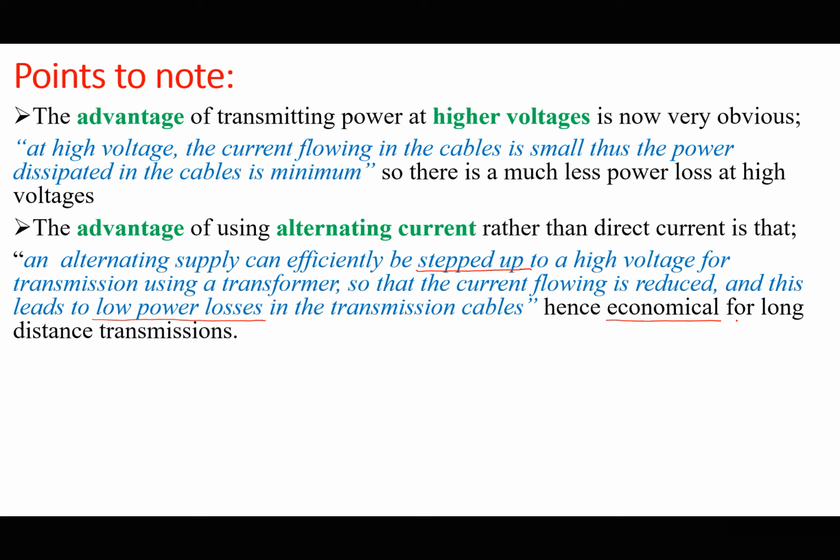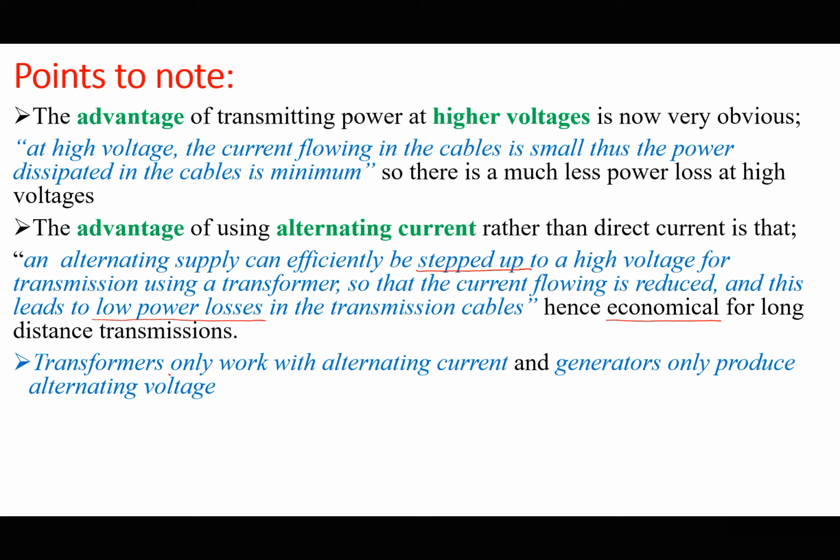One important thing you need to note very carefully is that transformers only work with alternating current, because transformers rely on induced EMF. They rely on magnetic flux change, or change in magnetic flux.